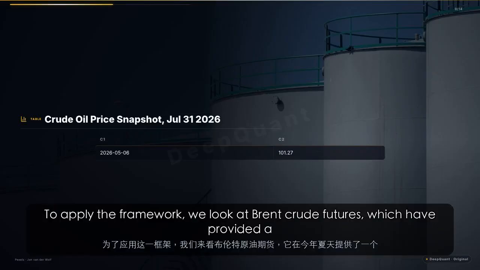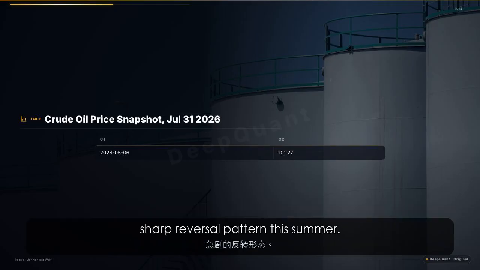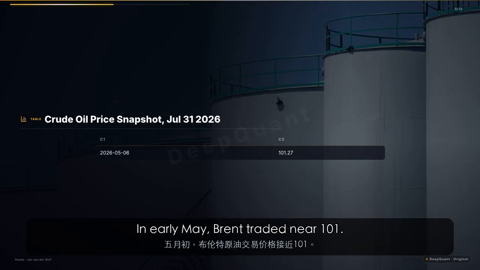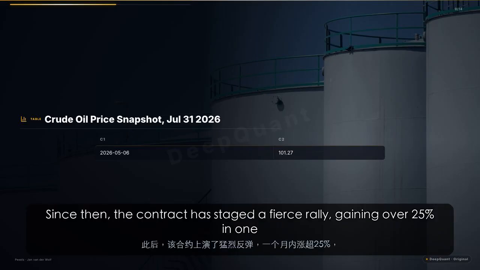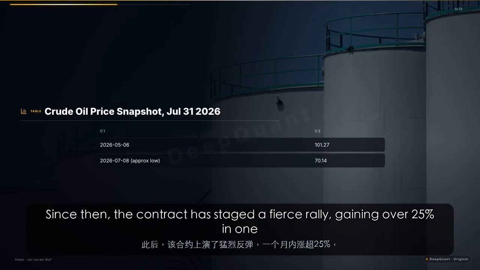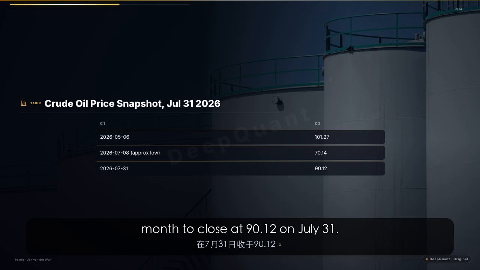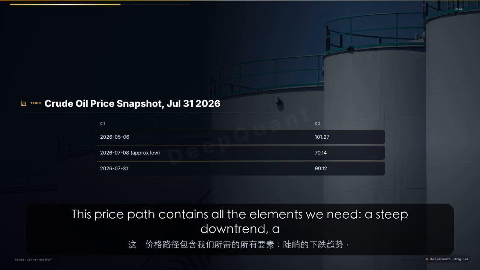To apply the framework, we look at Brent crude futures, which have provided a sharp reversal pattern this summer. In early May, Brent traded near 101. A 3-month decline brought prices to a low around 70 in early July, a move of over 30%. Since then, the contract has staged a fierce rally, gaining over 25% in 1 month to close at 90.12 on July 31st.